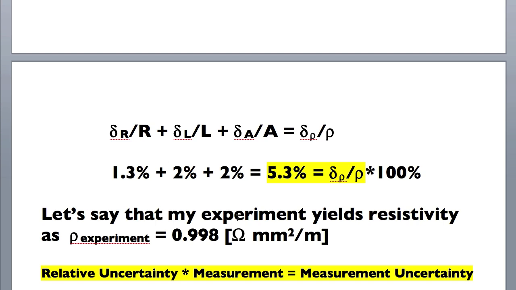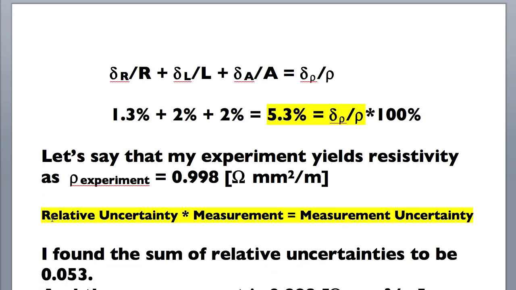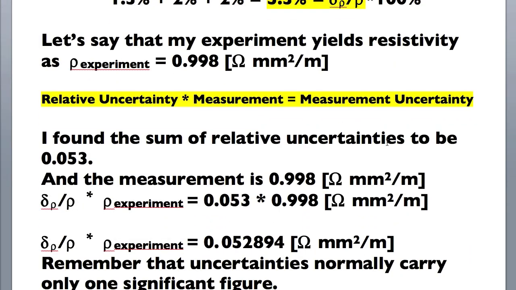Now let's say that my experiment yields a resistivity of this, 0.998 ohm millimeters squared per meter. Take note that relative uncertainty multiplied by the measurement, or in this case the experimental, would give a measurement uncertainty or an experimental uncertainty. I found the sum of relative uncertainties to be 0.053.